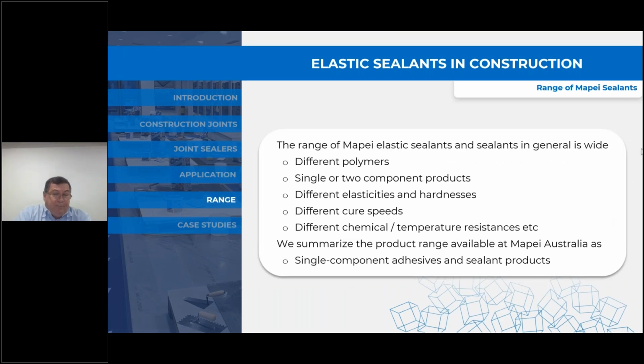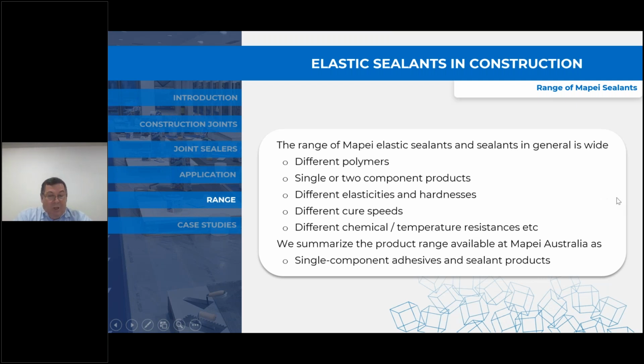Okay, so the range of Mapei elastic sealants, and sealants in general, is quite wide. There's obviously different polymers, as I explained. There's single and two component products. There's different elasticities and different hardnesses, different cure speeds. Certainly there's different chemical and temperature resistances.